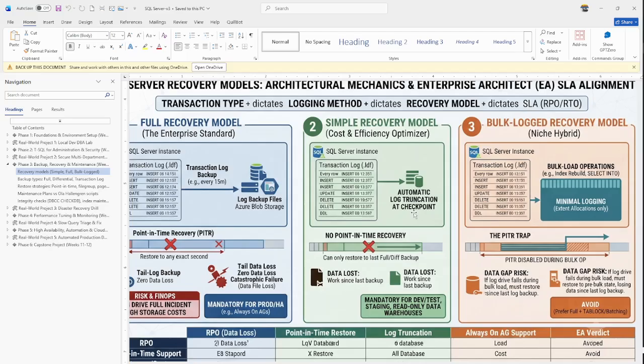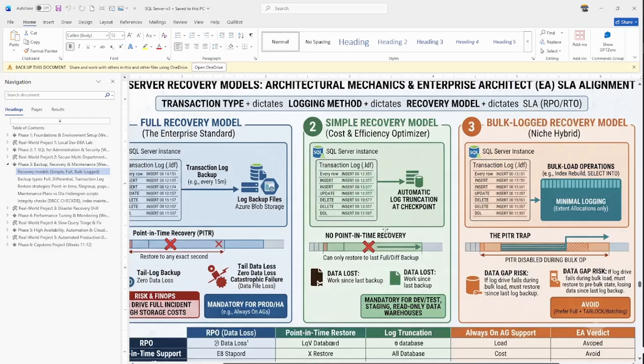This means you cannot have point-in-time recovery. You cannot recover unless you have a full backup. Let's say you took it on Friday. If something crashes on Sunday, then you need to go back to Friday only.